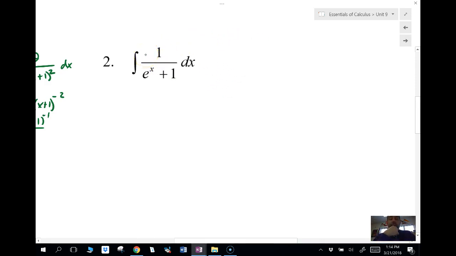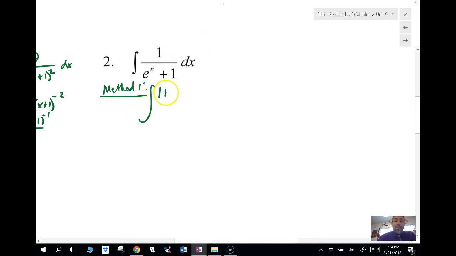So I can try a few things here. Let's see. Let's try two things here. Let's try the first method, adding an e to the x and subtracting an e to the x. All right, so let's try that.